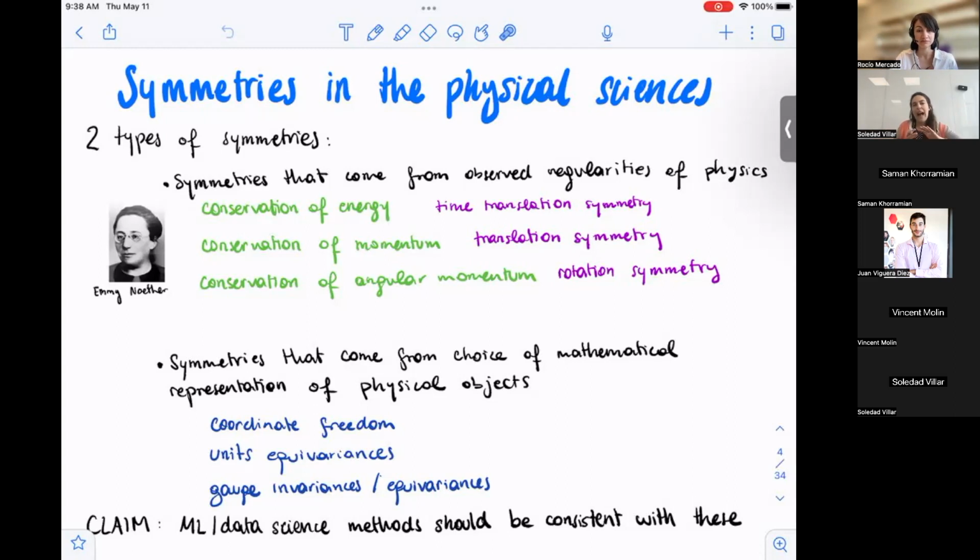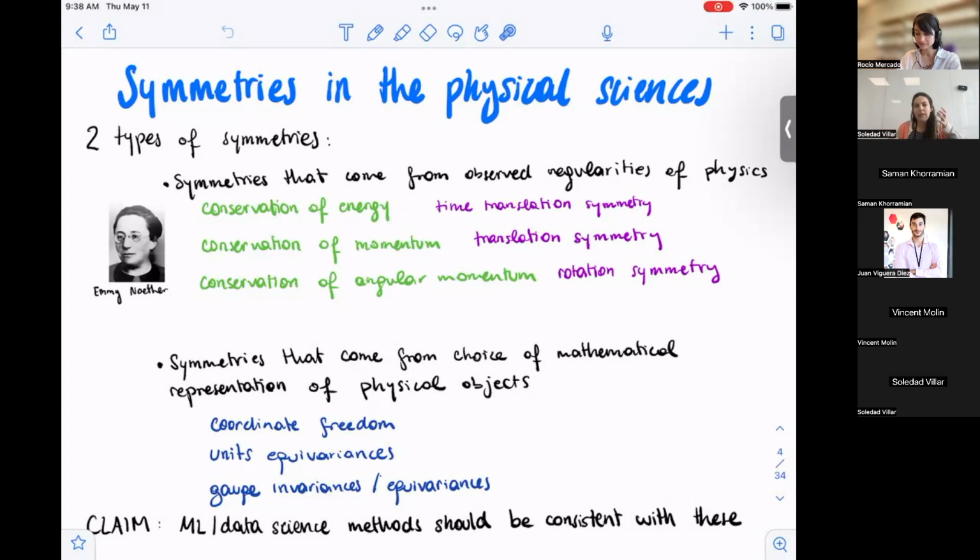And there are also the active symmetries, which are actually observed regularities of the physics. And by Noether's theorems, they're related to conservation laws. Conservation of energy is related to time translation symmetry. Conservation of momentum is related to translation symmetry, etc. And so one of them comes from the mathematical choice, and the other one comes from the actual physics.